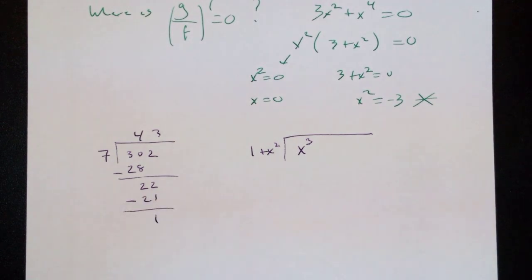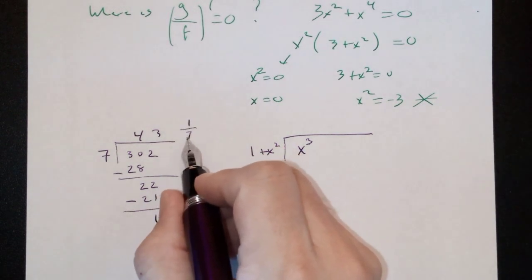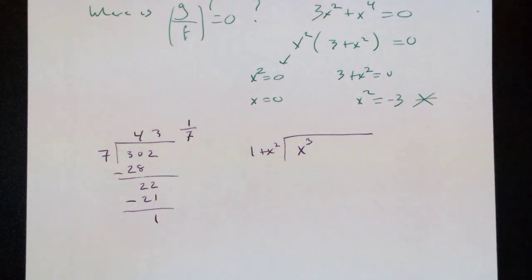I subtract. I have a remainder. So I write a remainder over the divisor. If you used your calculator, you get 43.142857. And that 142857 keeps repeating because that's a seventh. You use them often enough, you remember them, but otherwise, I don't expect you to know that.